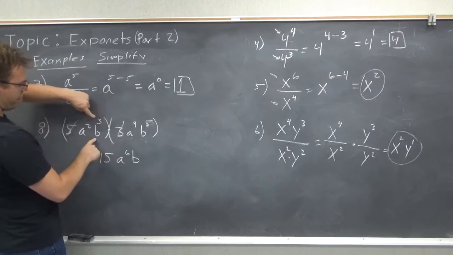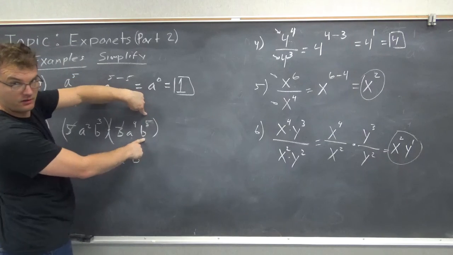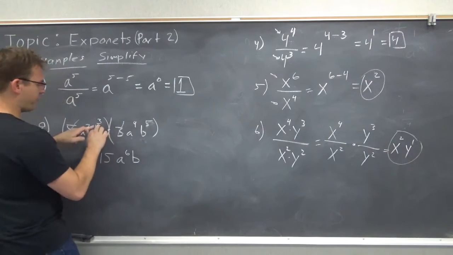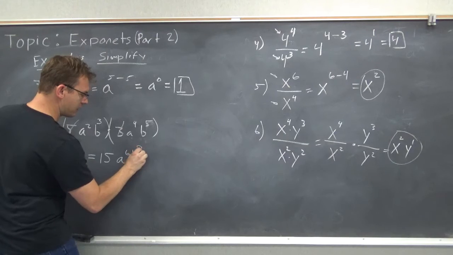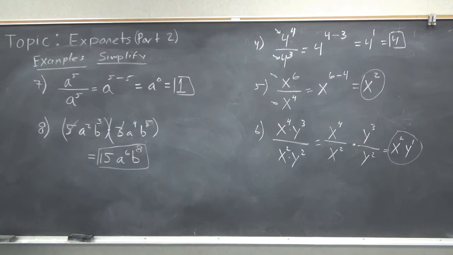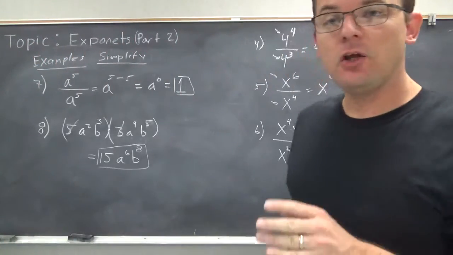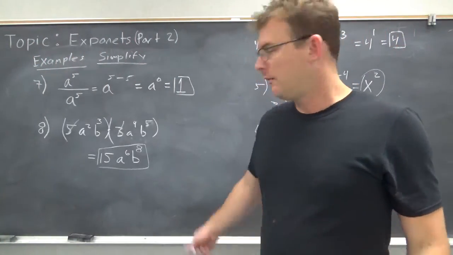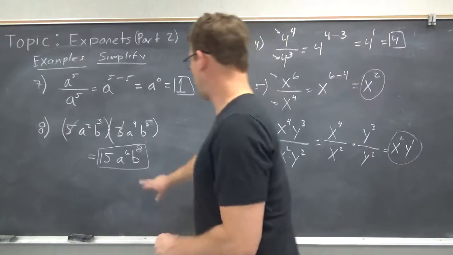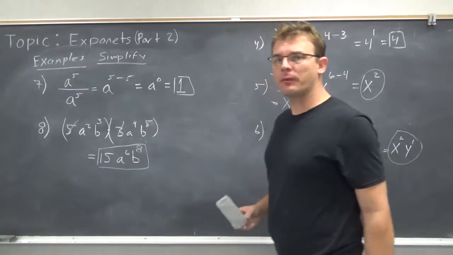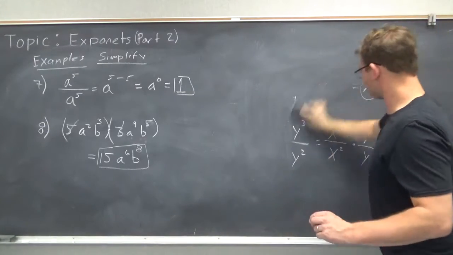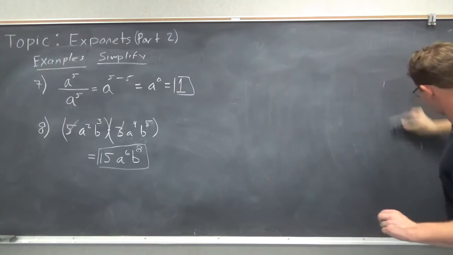I have b to the 3rd, b to the 5th. What do I do with those exponents? I add them, right? So I'm going to go 3 plus 5, which is 8. And that's the only thing you need to do. So I did say you might have to use more than one rule, but maybe not. Sometimes you will. But that is a pretty typical algebra problem that you see a lot with exponents.